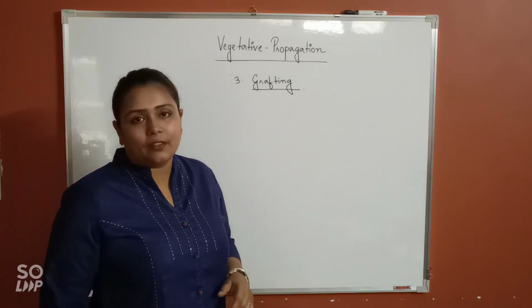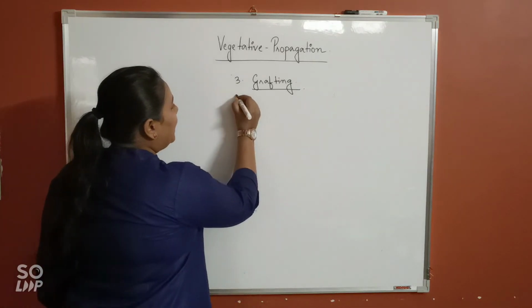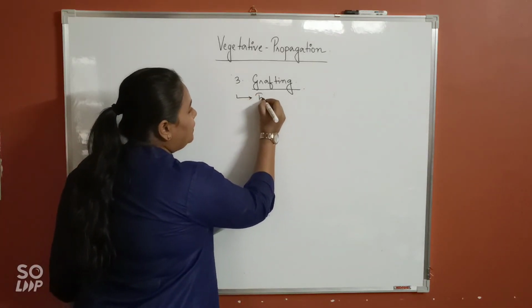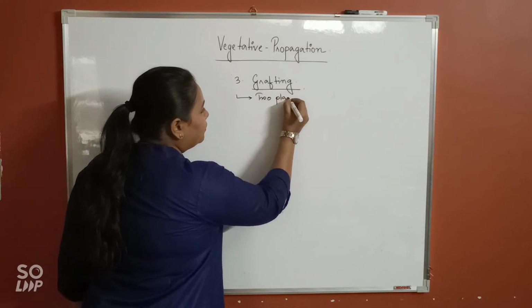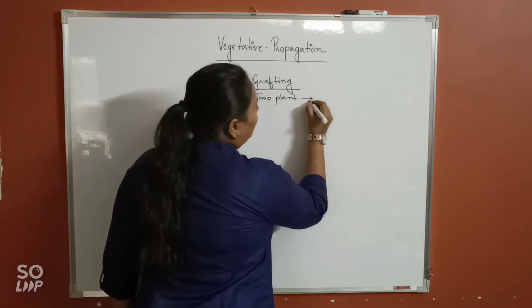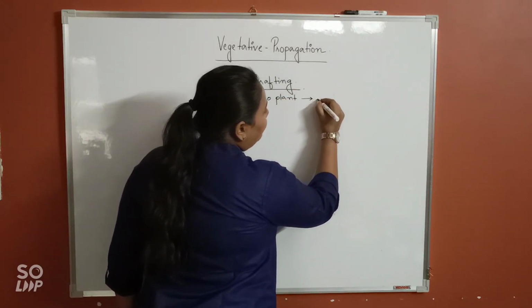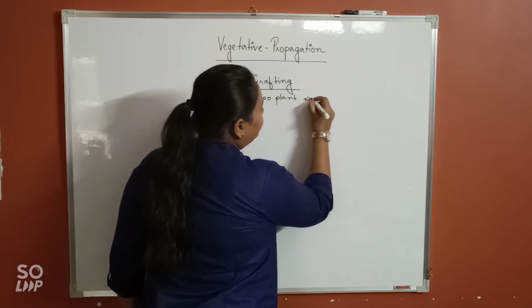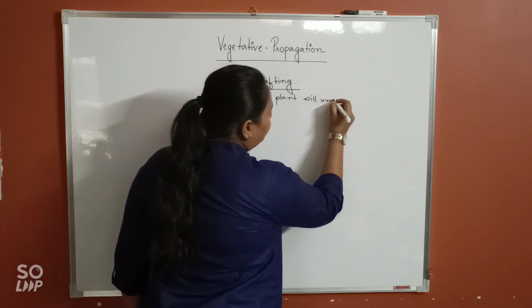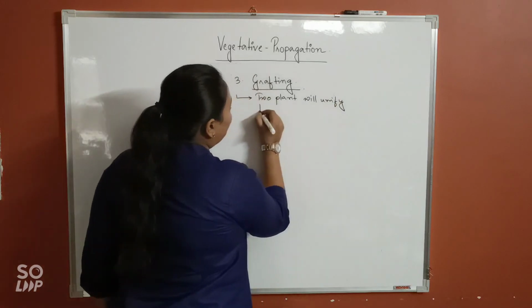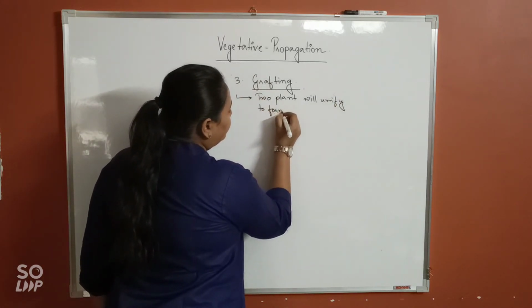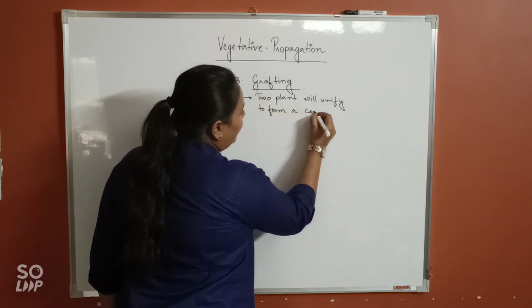That's called grafting. Alright. So here mainly what will happen? Two plants will unify to form a composite plant.